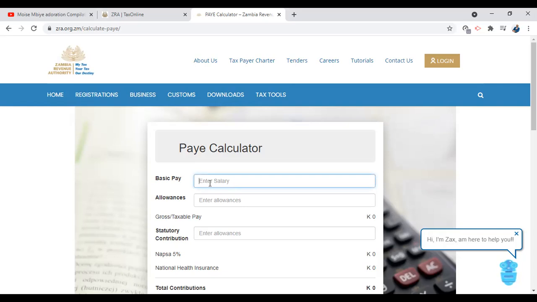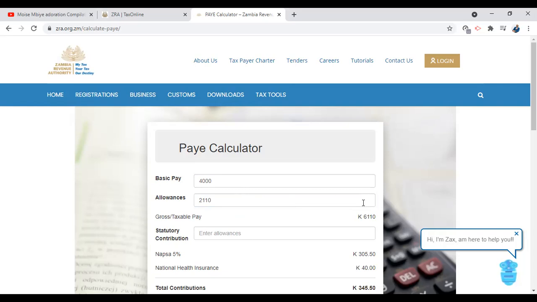If the basic salary is 4,000, and we are saying that education allowance plus transport allowance and maybe school children allowances is 2,000, everything together is coming to 2,110. You just put everything together like that.